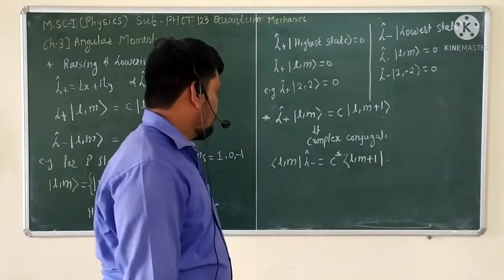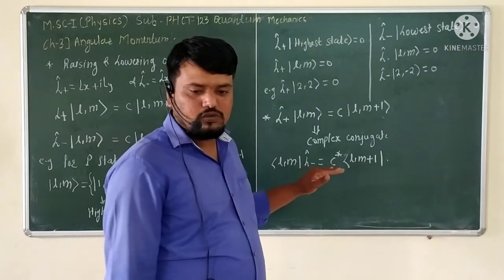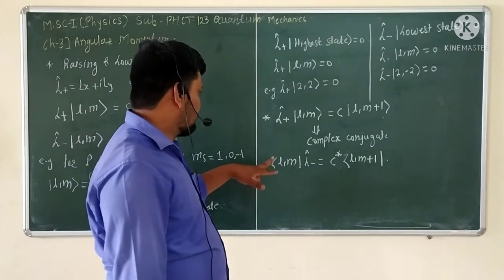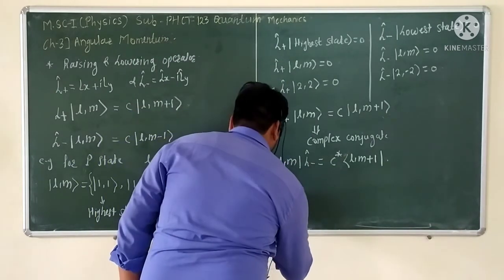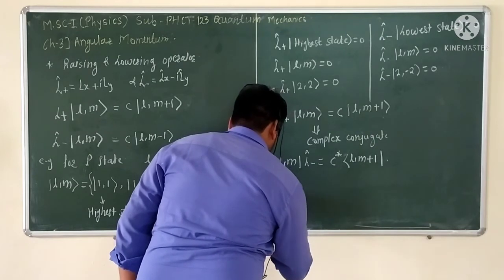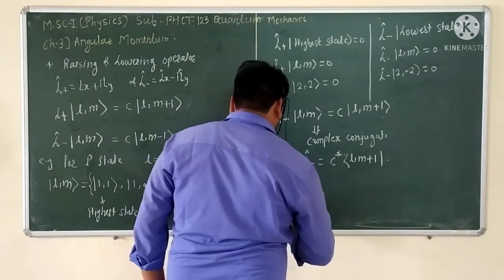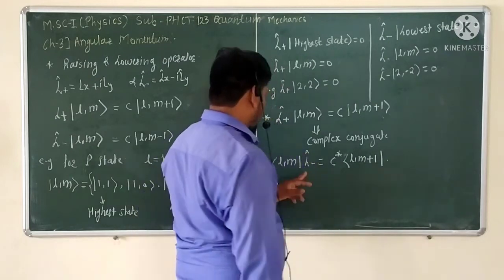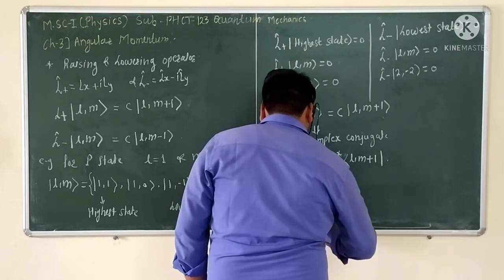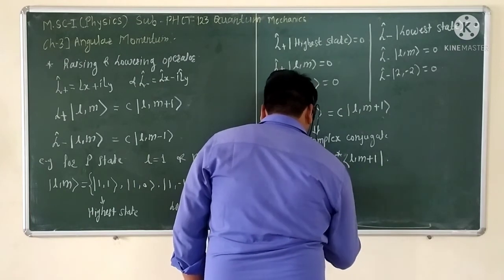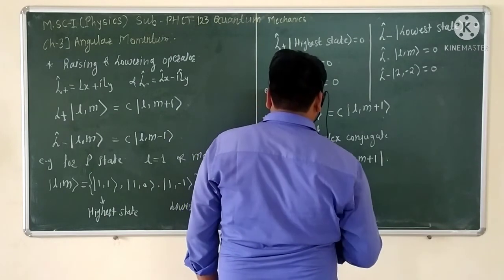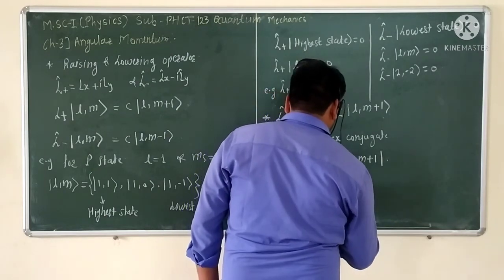Okay, and if we solve this complex conjugate relation, so that is taken as here, the bra of L comma m, which operates on this complex conjugate, that is the L minus cap, L plus cap, and this is the ket L comma m.